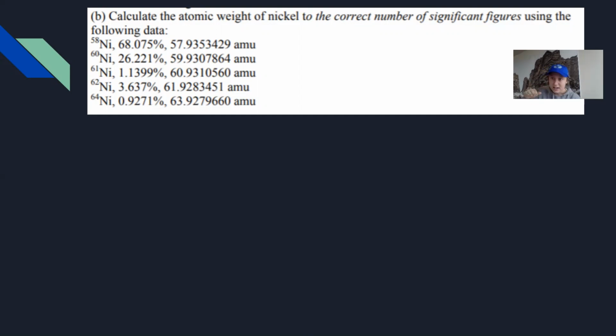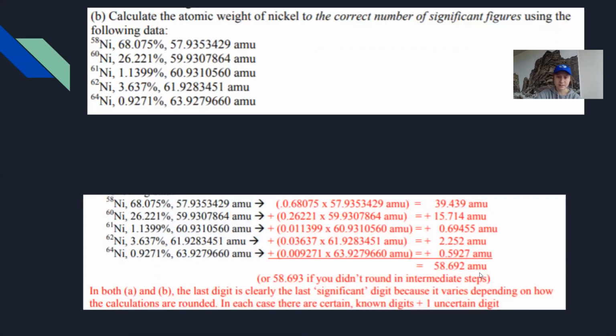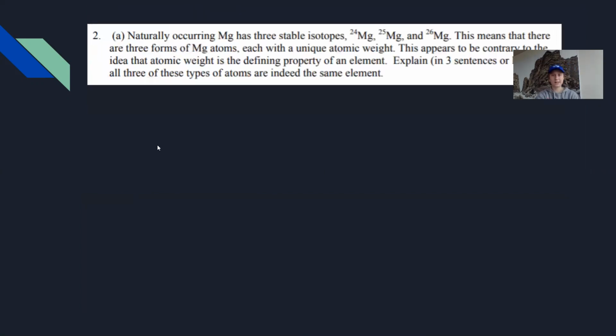They just have it written out more neatly for you because there's a lot more calculations that you have to do. And I got 58.692 for the answer. And yeah, that's right. So once again, you're just going to multiply this by this, in decimal form, and then add them all up, and that gets you your atomic weight.